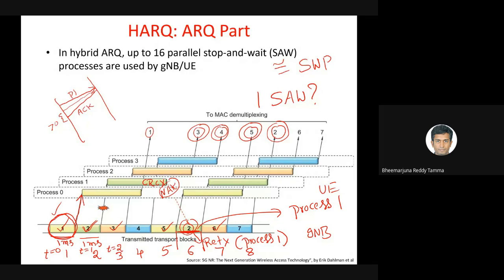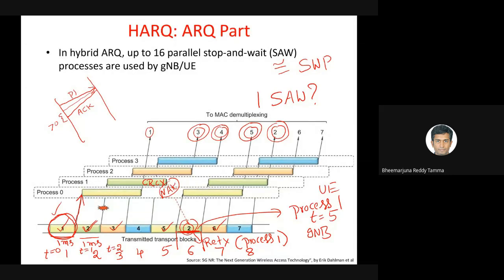So what is the timestamp? I'm going with zeros, I think. So it is T0, T1, T2, T3, T4, T5. At time T equal 5 itself, you are retransmitting.